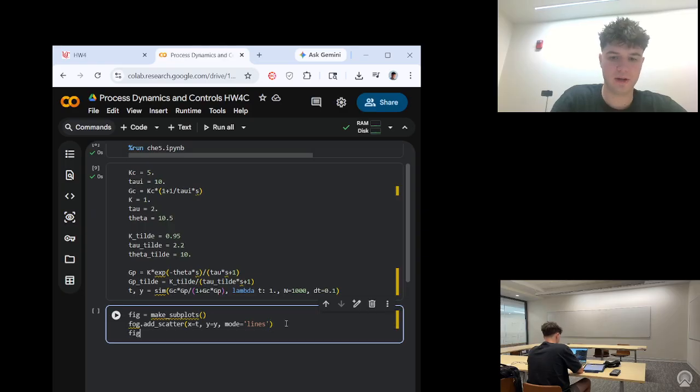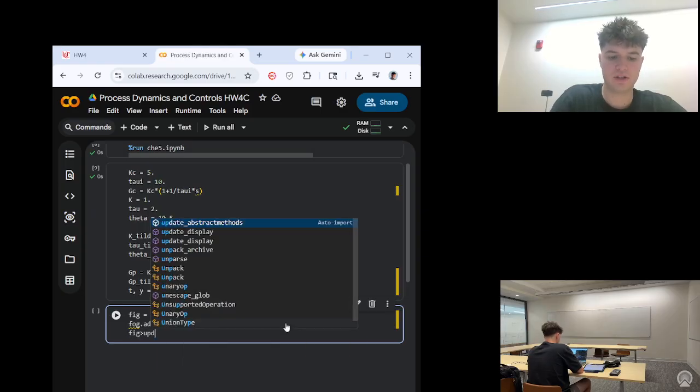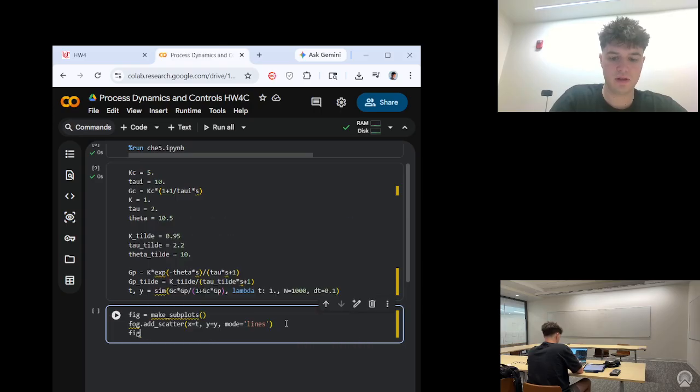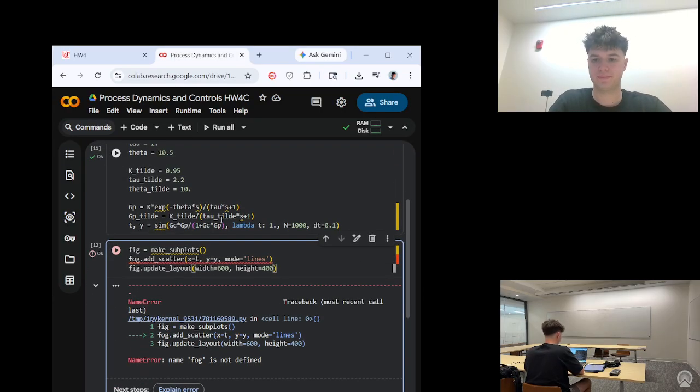And finally, we want to update the actual dimensions. Fig dot update underscore layout. We want the width to be equal to 600. Height to be equal to 400. So let's run this and see what we get.